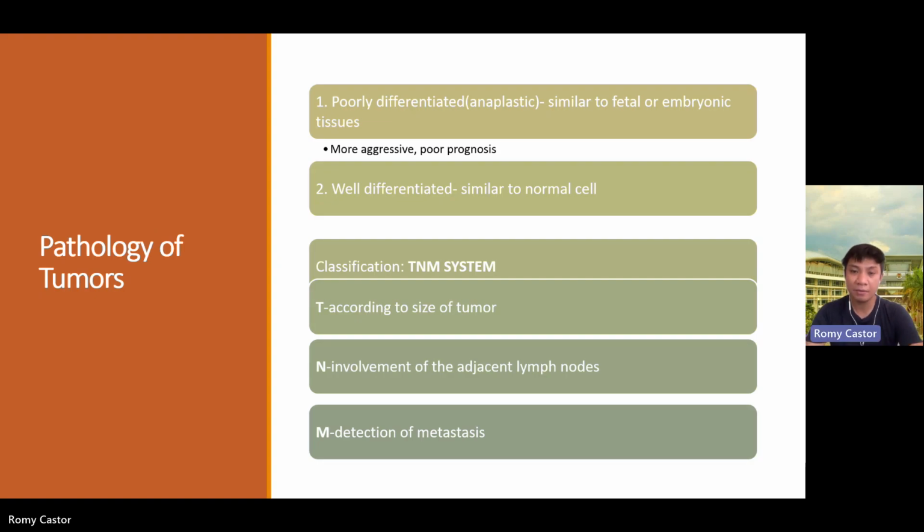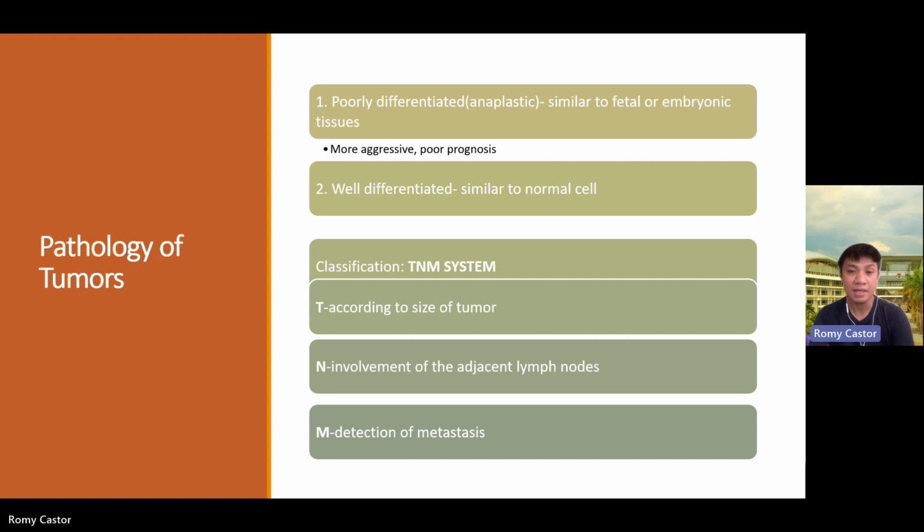Okay, so some of the reporting here with our cancer or tumor. We have poorly differentiated versus well-differentiated na tumor. When we speak about the poorly differentiated tumor, it no longer resembles the parent cell natin in terms of morphology.